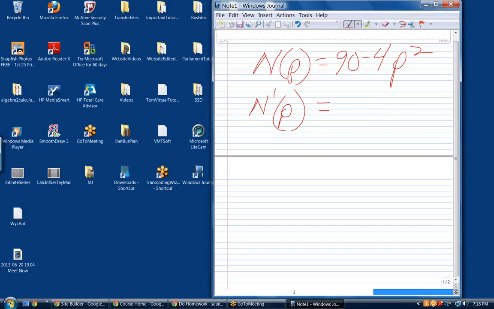The constants go to 0, always. If you have a constant added to a function, and you take the derivative of any constant, it's 0. So the derivative of 90 is 0. Minus 8p to the first power. So the derivative function is minus 8p.